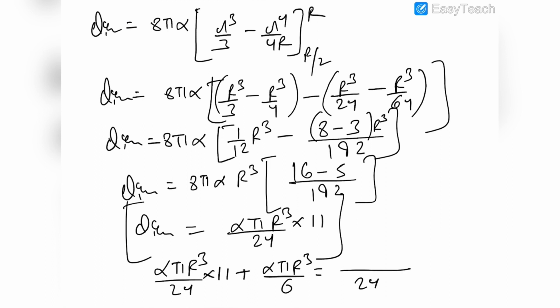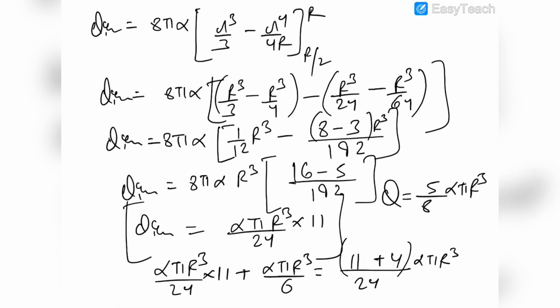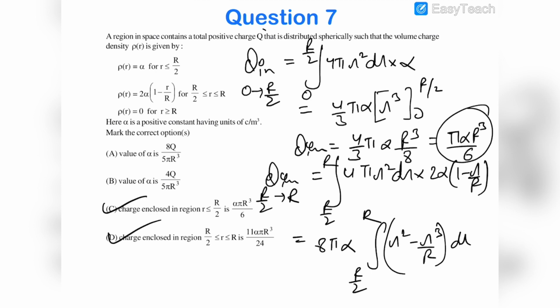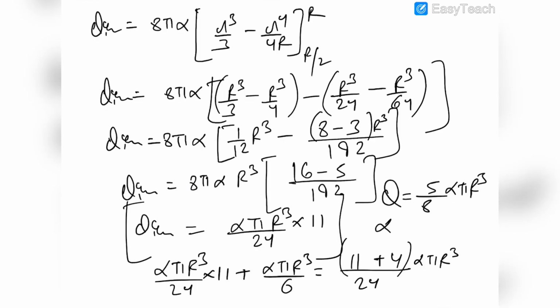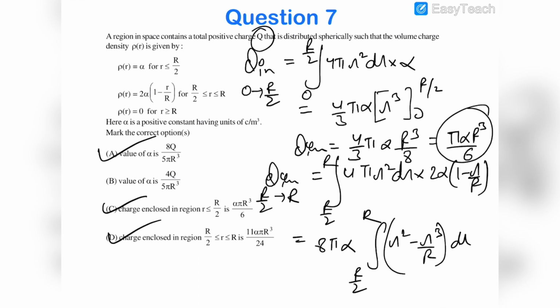So it would be 11 plus 4, so it would be 15 by 24, and 15 by 24 will be 5 by 8 alpha pi R cube, and this is Q, because total charge which is distributed is Q. So option A will also be correct, because alpha will be equal to 8Q by 5 pi R cube. So the correct answers will be A, C and D.